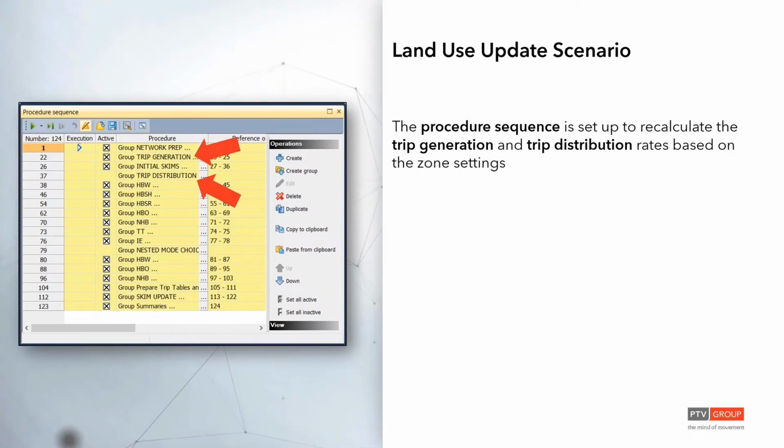So the procedure is already set up to identify this material, so you don't have to go in and update the procedure or anything like that. You could just rerun the procedure with updated values, and it will reassign or regenerate the trips in the matrices. It'll redistribute them, the trips through to the other zones, and it'll assign them to the network.